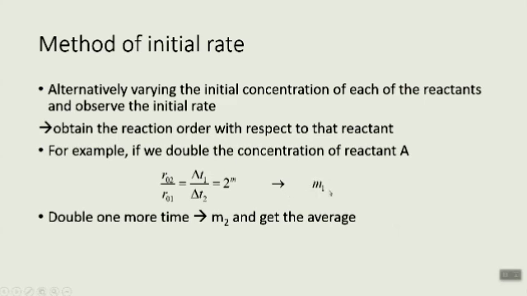We can double one more time to get the value of exponent m2, and then take the average. So we can obtain the reaction order with respect to reactant A. Similarly, we vary the initial concentration of reactant B, and we can also obtain the reaction order of that reactant.